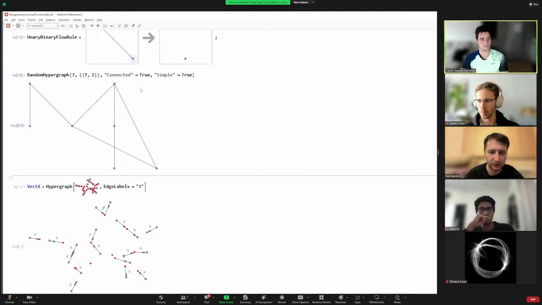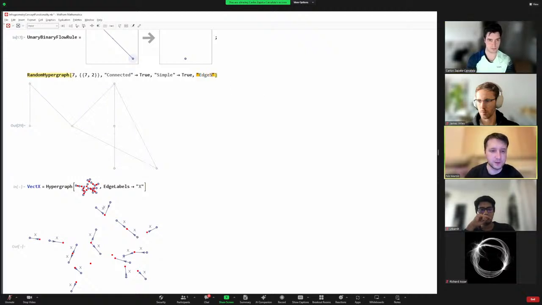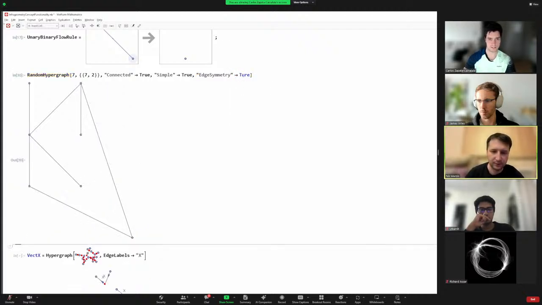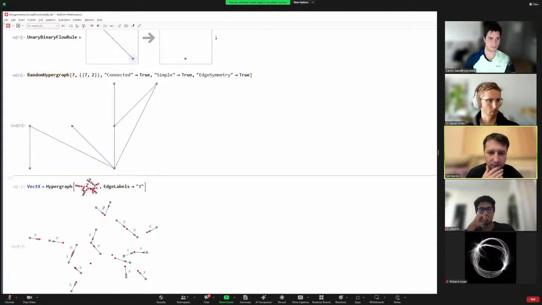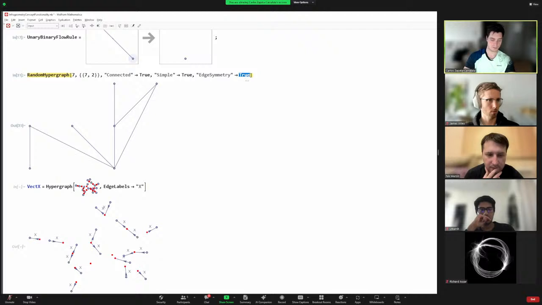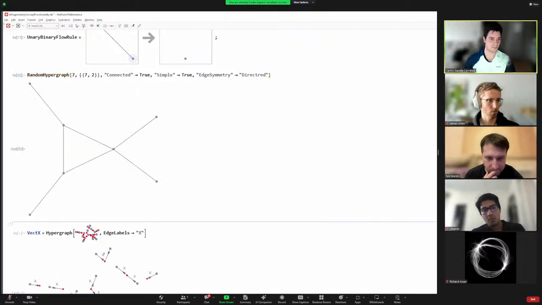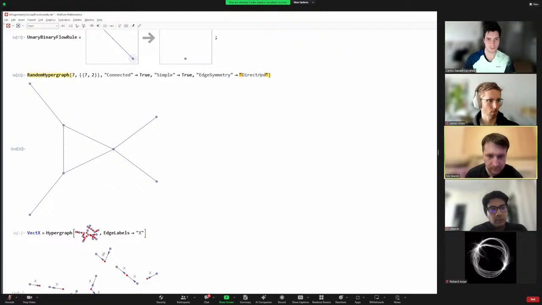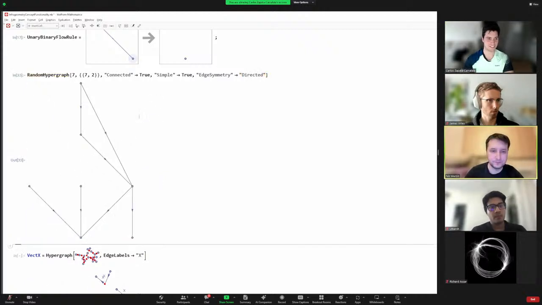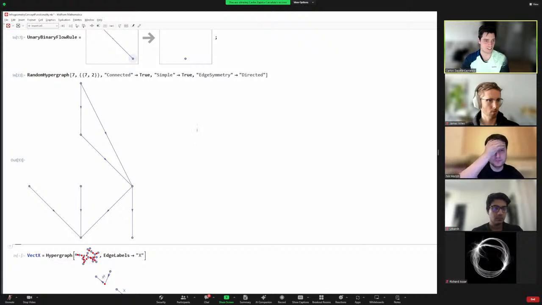So maybe some empty vertices should be added on top of that. It's not a big deal.